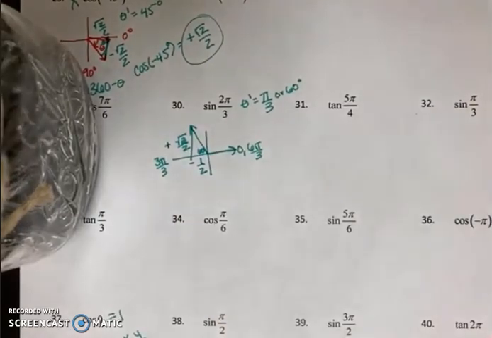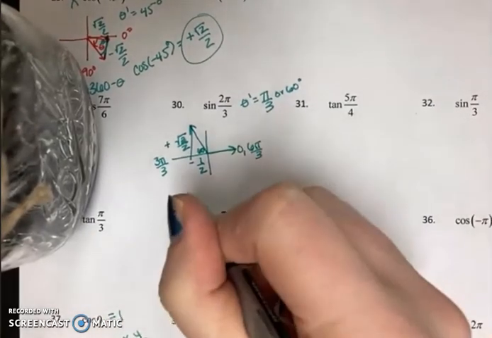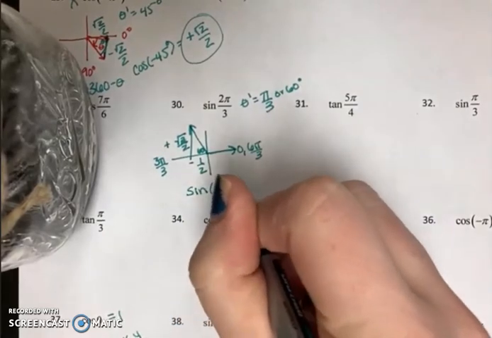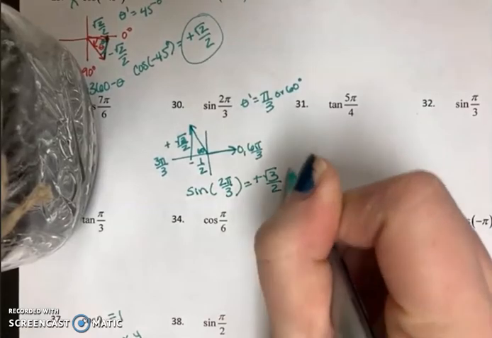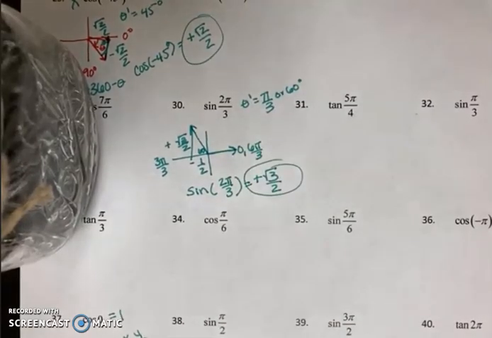And I wanted the sine of 2 pi over 3. Sine is the y value, so sine of 2 pi over 3 is a positive root 3 over 2. Again, you don't have to put that positive there. I'm just enunciating. Quadrant 2, that's a positive y value.